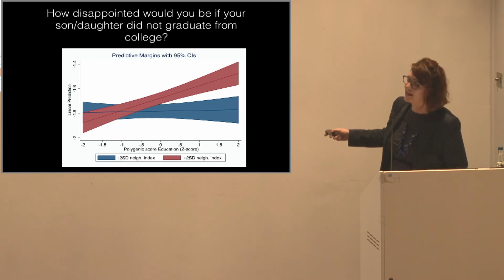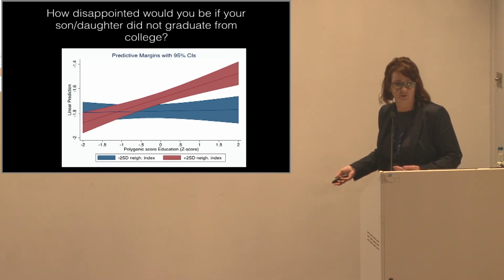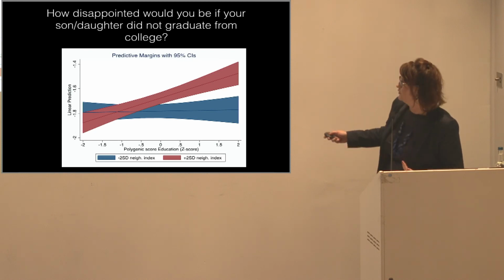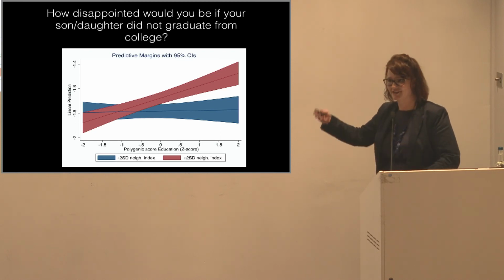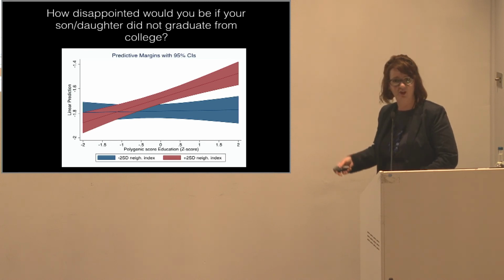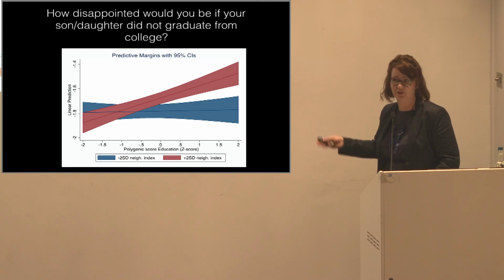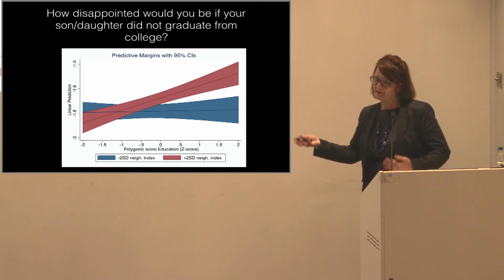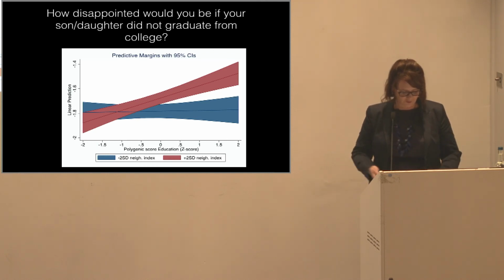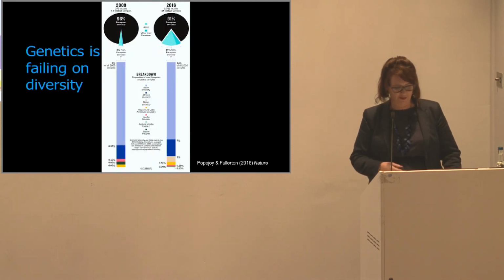It's fairly flat for those that come from low socioeconomic backgrounds, even though they have a much higher genetic propensity and it's correlated with cognitive ability. But these ones, the higher socioeconomic children, are able to meet their genetic potential. And there's lots of different explanations you could think about for that.